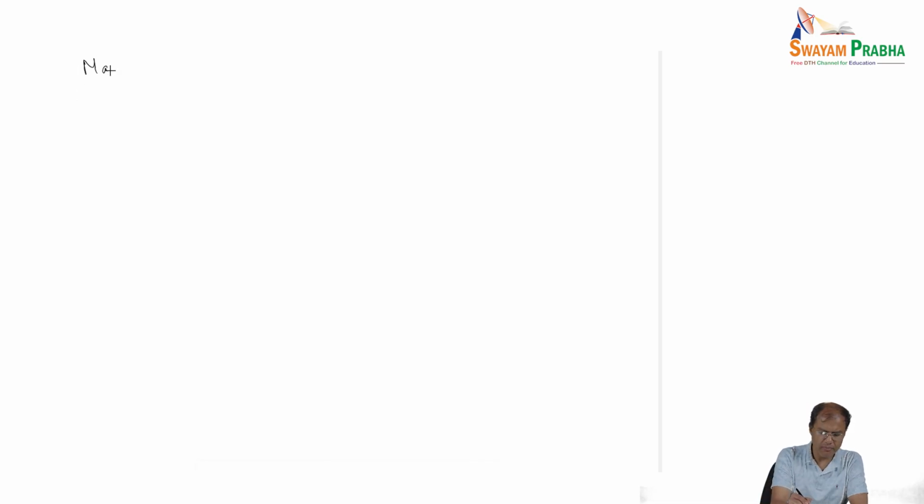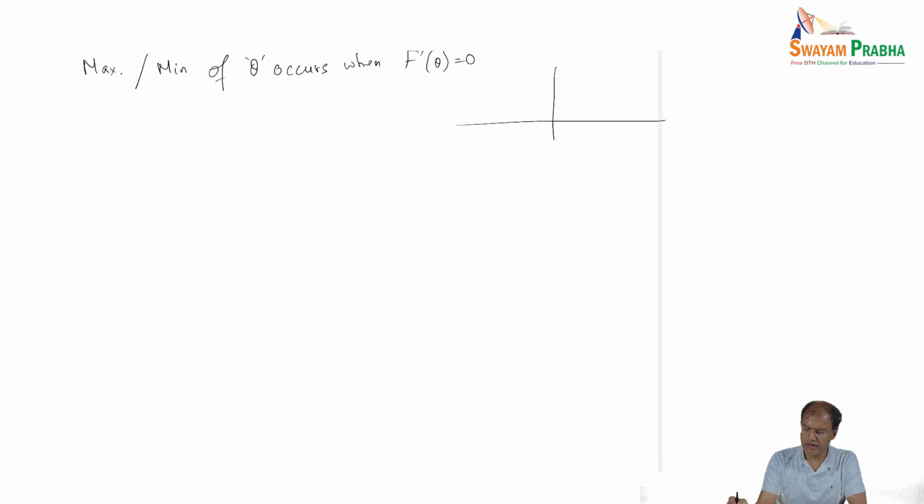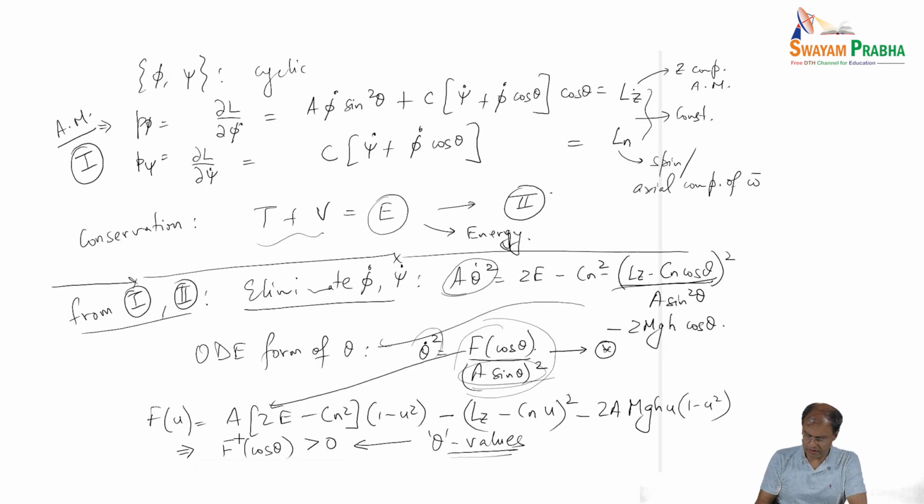So if the maximum or the minimum of theta occurs when f prime theta is 0, then if we were to plot f of cos theta, this function, let me call this double star.